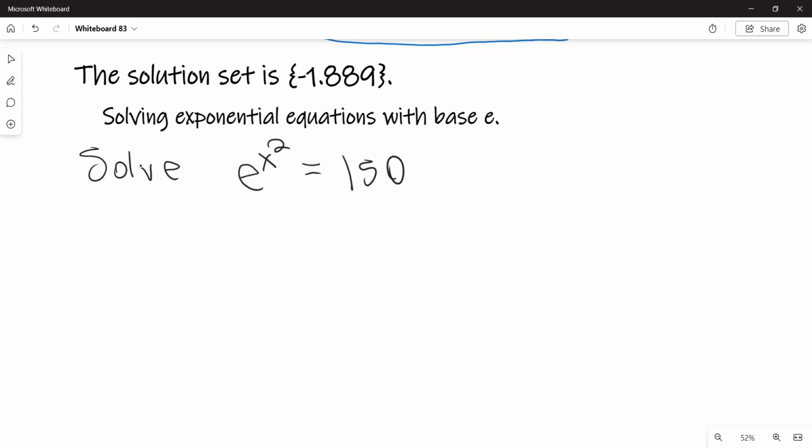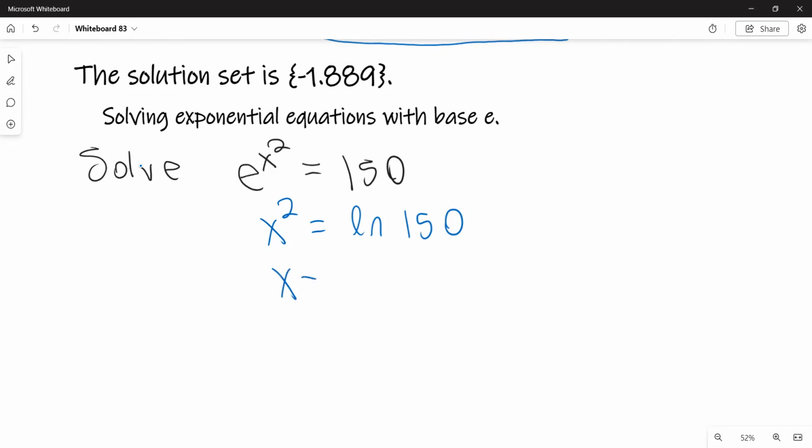In the previous two examples, I could have used the common logarithm. If I have e to the x squared equal to 150, I can use the definition of the logarithm, or I can write this equation in logarithmic form. So the equation in logarithmic form is going to be x squared equal to the natural logarithm of 150. Or I can take the natural logarithm of e to the x squared, and with the inverse property, that will become x squared.